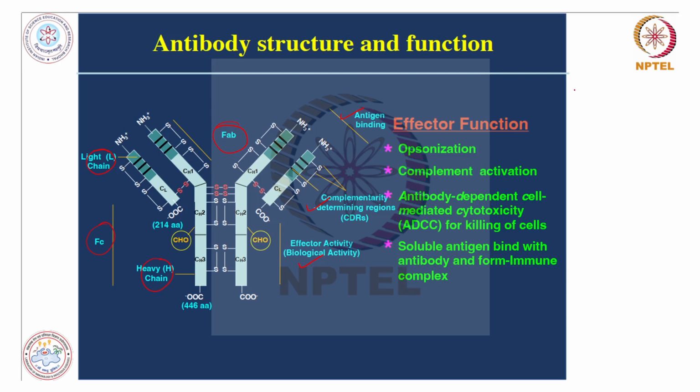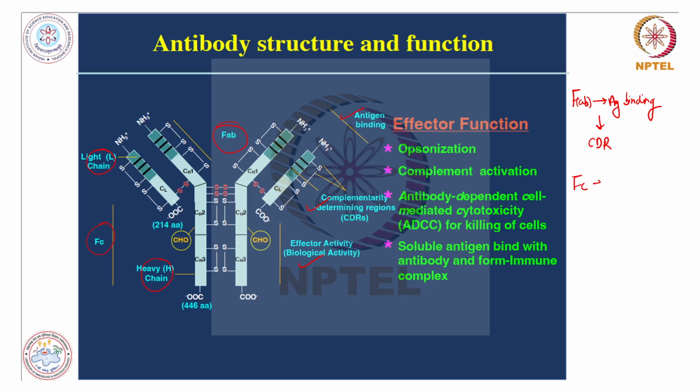First one is this Fab region, which is the fragment of antigen binding. This Fab region contains the CDR regions, which are responsible for binding to antigen.